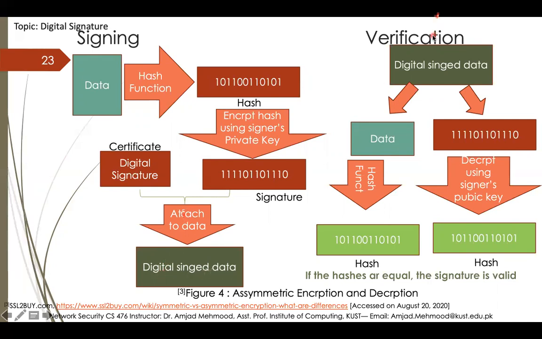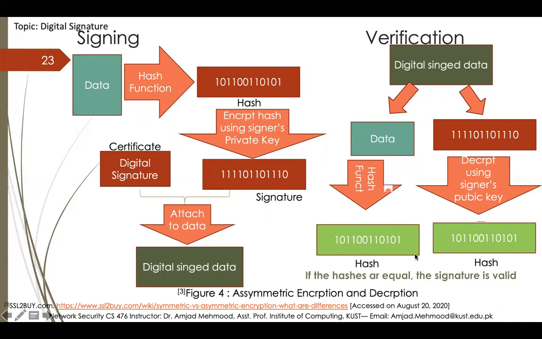When it reaches the destination, verification is performed. How is the verification performed? We have the data and its hash, and we perform the hash function on the data and decrypt using the signer's public key. Here you have the signer's private key, and here the signer's public key is used, and you will get this.